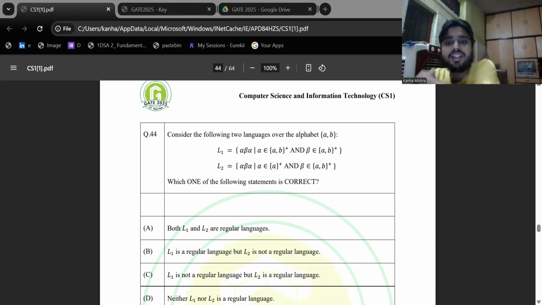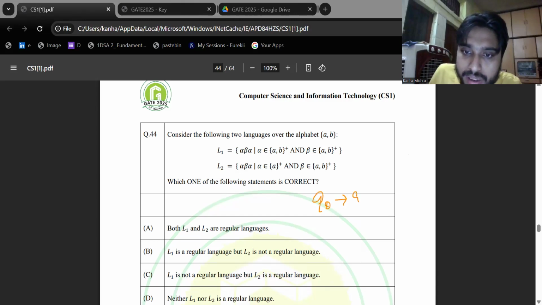Q naught is the start, which accepts at least one A. Q1 is at least one A, and can accept more A's or transition to B. Q2 is at least one B and then accepts more B's, and Q3 can be a trap state for invalid input. So the transitions look somewhat like this: Q naught on A goes to Q1, Q1 on A stays in Q1, Q1 on B goes to Q2, and Q2 on B stays in Q2.